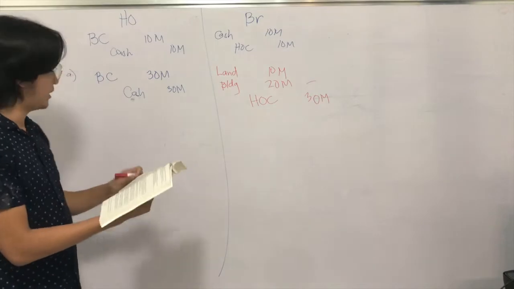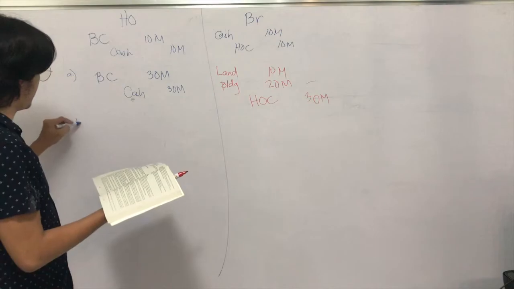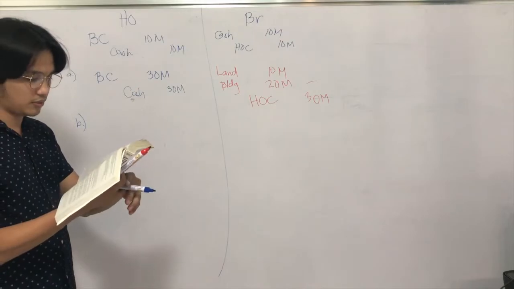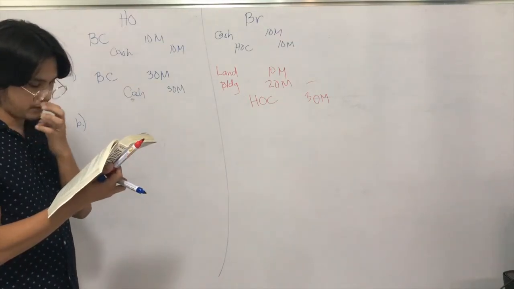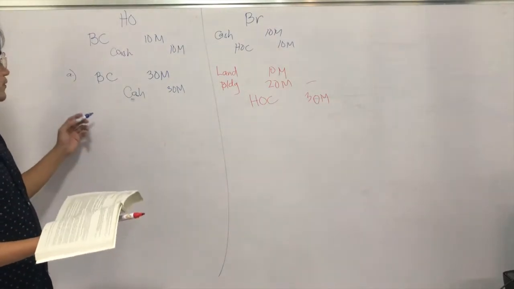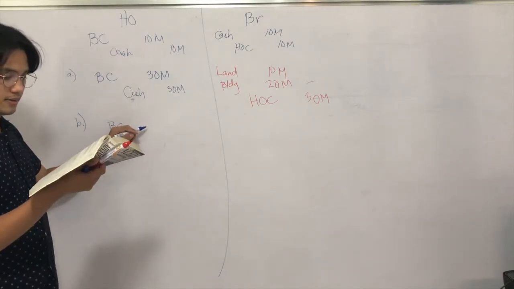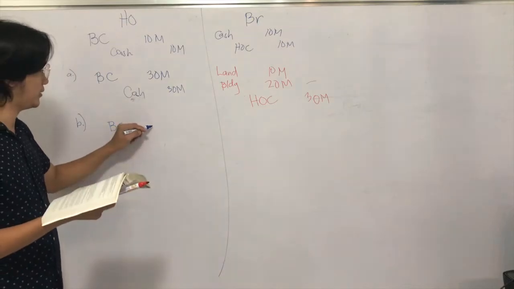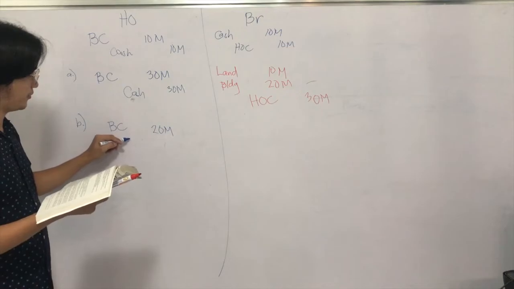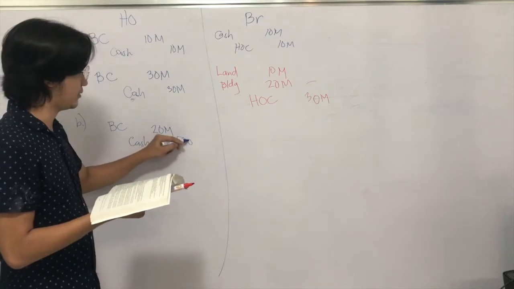Next, letter B. On February 14, the home office transfers inventory worth 20 million to the branch. The home office pays freight of 500,000. So there's a transfer of merchandise. In cases of transfer of merchandise, you debit the investment account. This is how much? 20 million. And credit cash for the freight, amounting to 500,000.